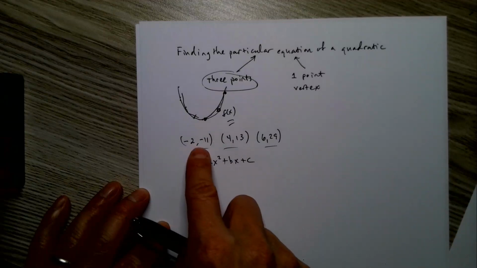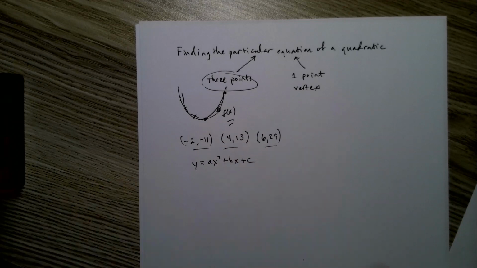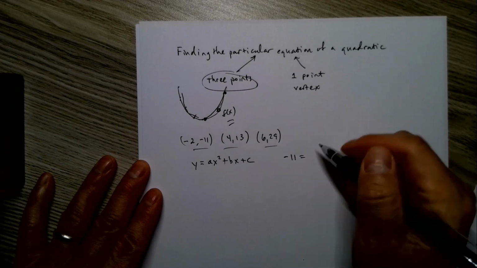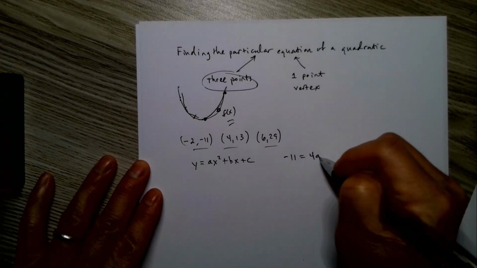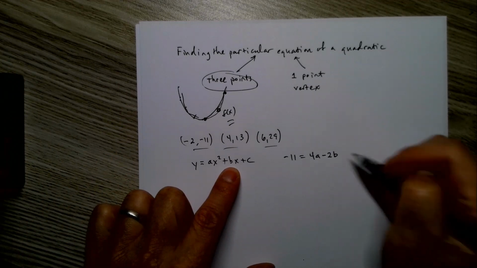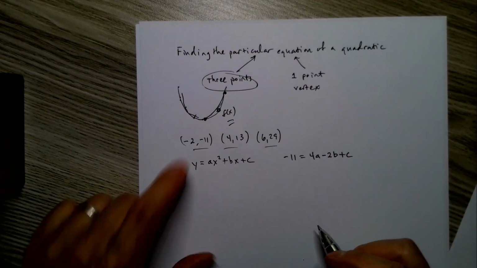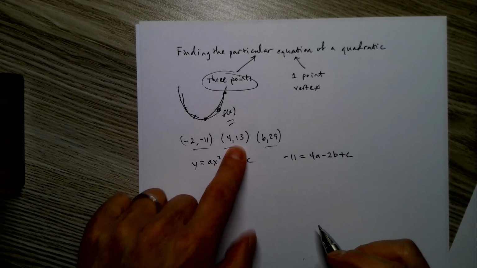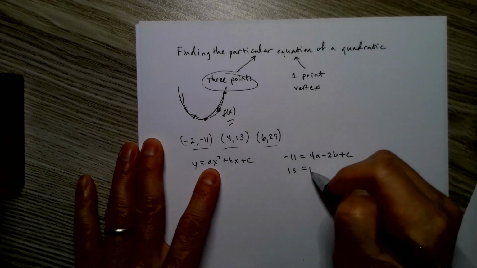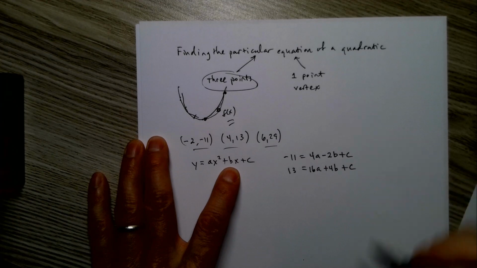I'll do it first for this ordered pair, then this ordered pair, and this ordered pair. And so when I put all the ordered pairs in there, I get that from the first point. And then when I put the second point in, I get that.